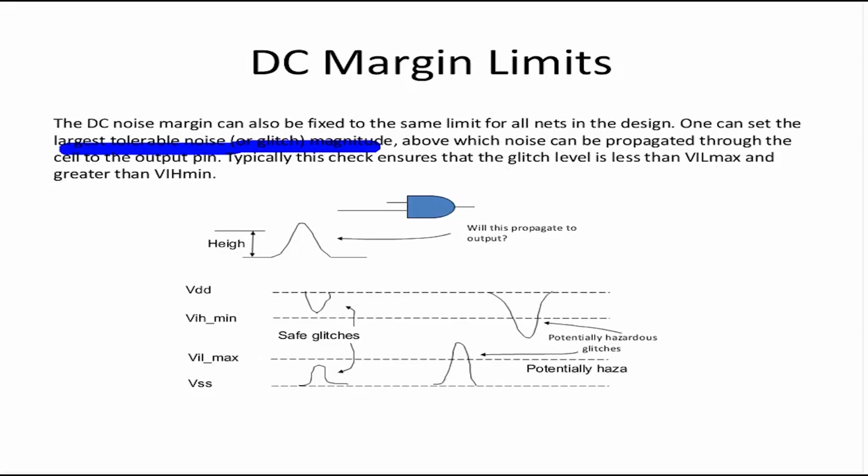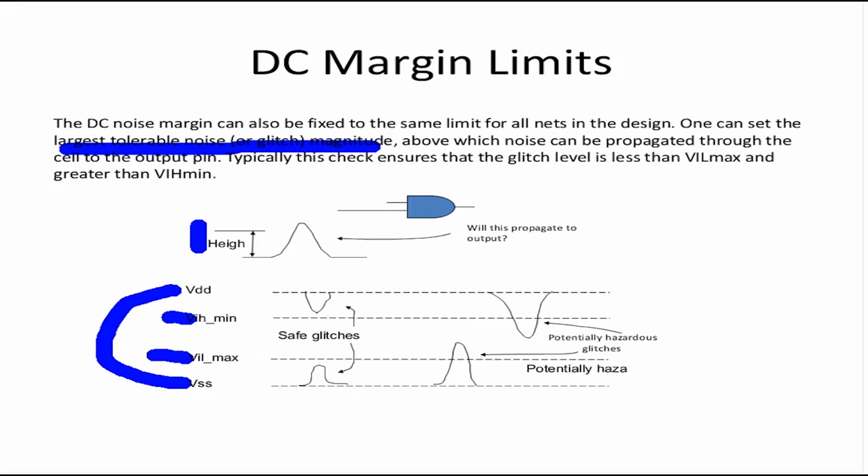Typically this check ensures that the glitch level is less than VIL max and greater than VIH min. So the question is whether this particular height of the glitch will propagate. Between VDD and VSS we have plotted two values, VIL max and VIH min.